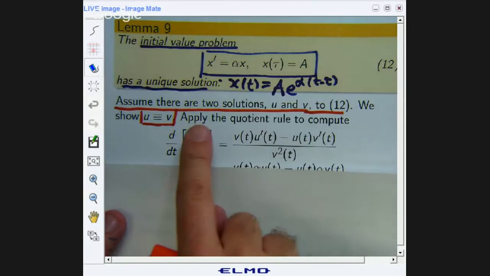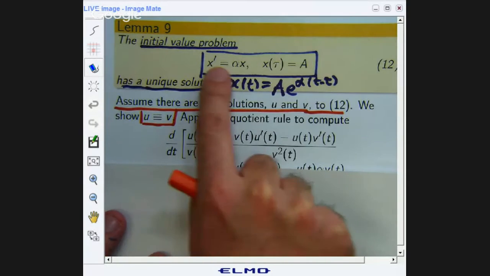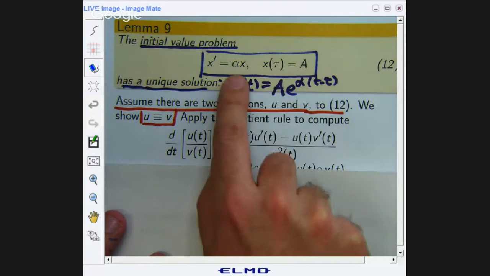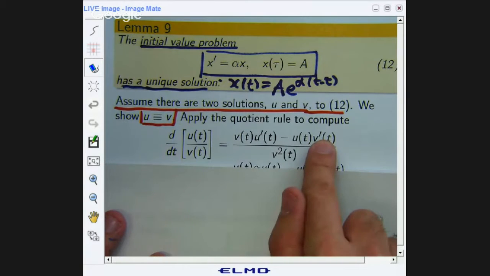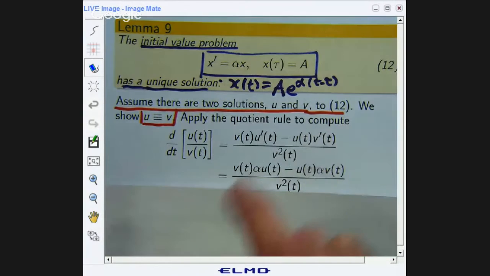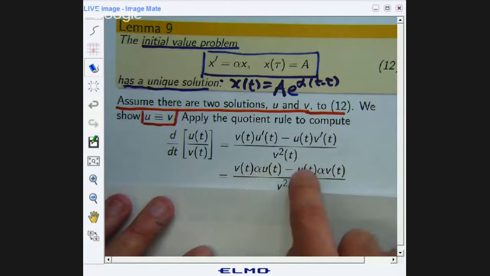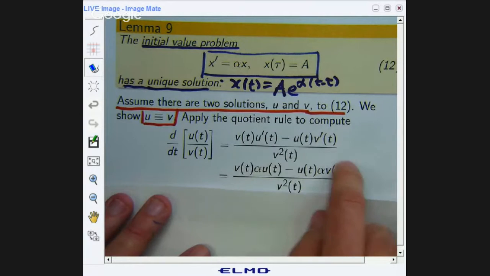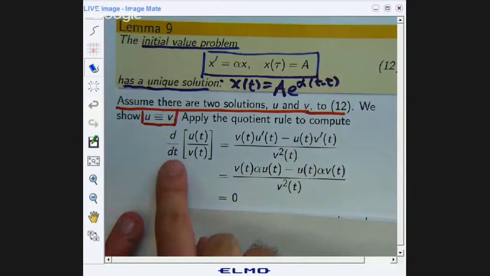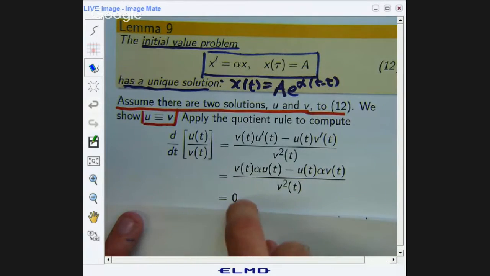And now, because we've assumed that u and v solve 12, we can replace u dash with alpha u, and we can replace v dash with alpha v. If we do that, you'll see that this and this are identical, so the numerator disappears, and you get the derivative of this quotient is always 0.